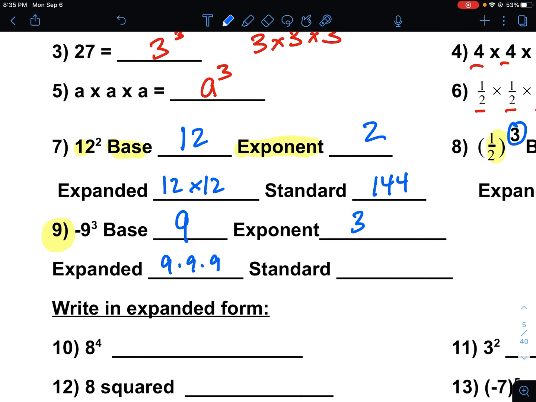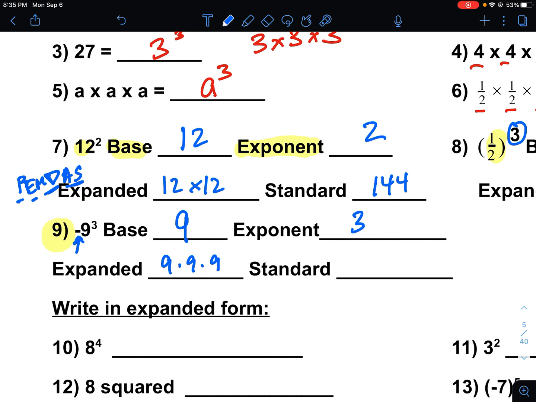Now, you see this negative on the outside, you may be thinking, where does that apply? Well, technically, because the negative is in front of it, if you remember PEMDAS, where you do parentheses, exponents next, and then multiplication, division, addition, subtraction.